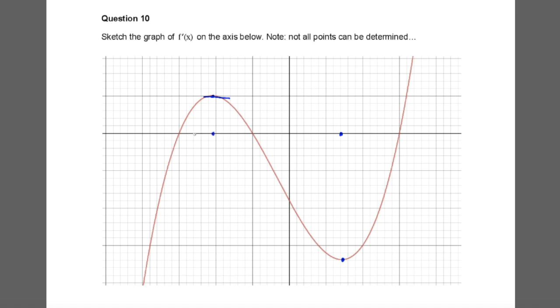So then we have to think about what happens before that. So when my x values are less than this point, all these values have a positive gradient. If we think of the slope of the tangent, they're positive gradient, but they're getting less steep as we get to 0. Because it's really steep down here, and it gets less steep as we get closer to 0. So that means it needs to be coming from positive values. So it needs to be coming from up there, gets to 0, and then from the turning point, it starts to get negative.